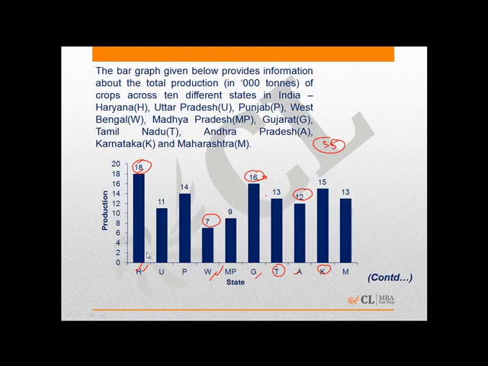So now see here, 7 is the minimum quantity in state W that can be produced, and I have to maximize the maximum number of crops which are produced in all the states, right? So let's say this is the quantity which is produced in all the states of one crop.